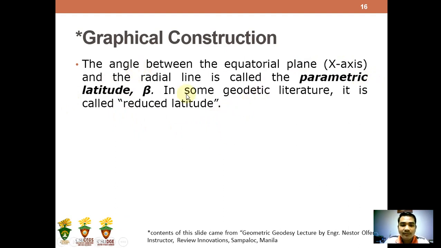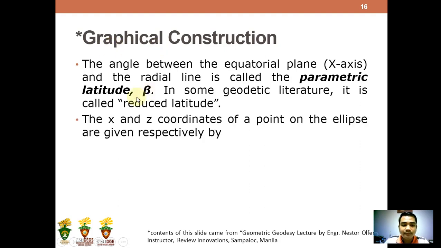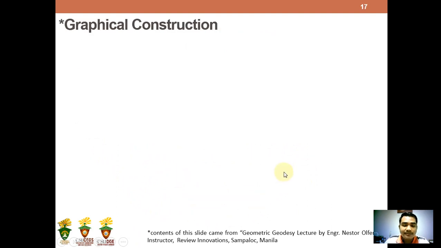This is just for the purpose of how to construct an ellipse using graphical construction. The x and z coordinates of the point on the ellipse are given by these equations. This is the way to construct an ellipse graphically.